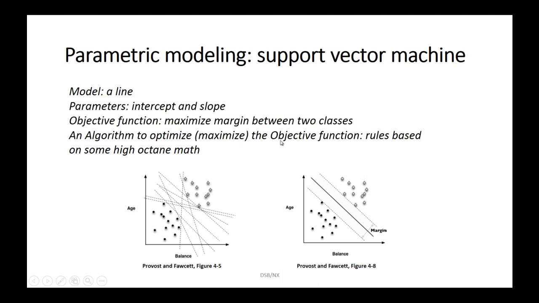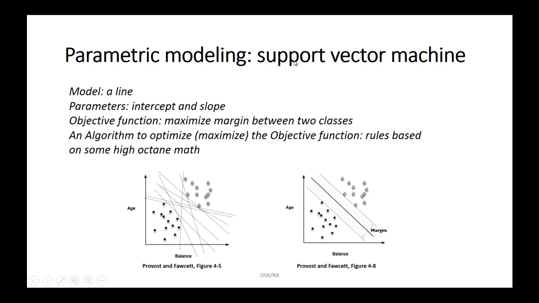It requires an algorithm that uses some very involved math to maximize the objective function. Notice here we use the word optimize or optimization to include both maximization in this case and minimization in our earlier case for the linear discriminant.